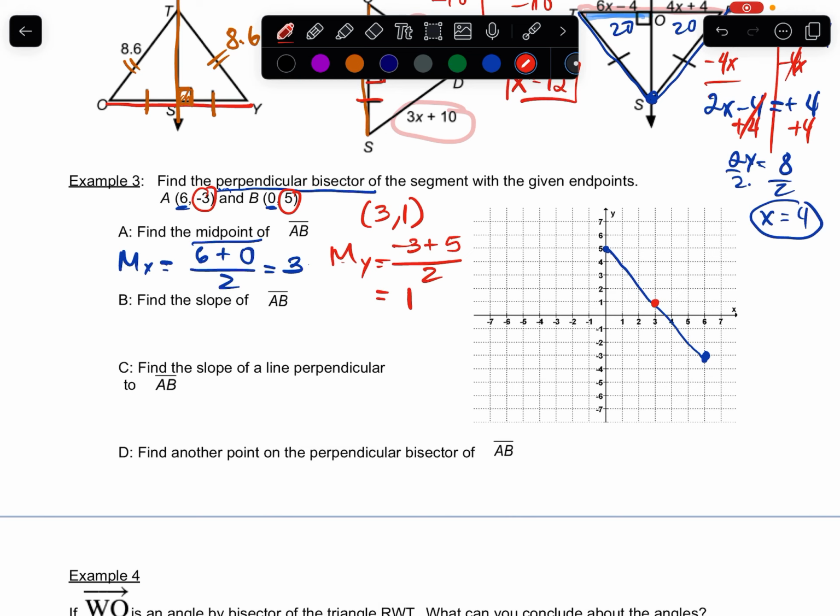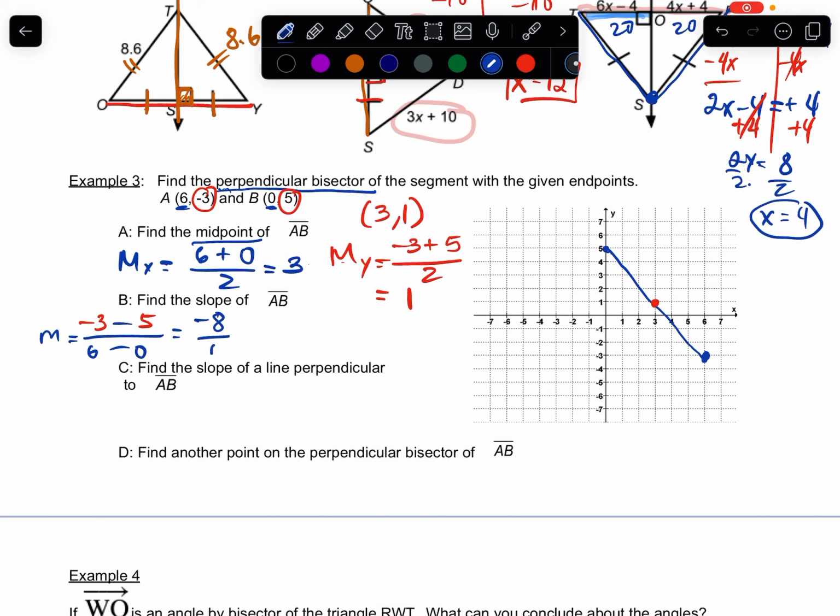Now I need the slope of AB because I need to find the slope of the perpendicular line going through AB. Let's find slope. Slope is small m. Again, let's do my y's first. I can do negative 3 minus 5, and then I'll do my 6 minus 0.